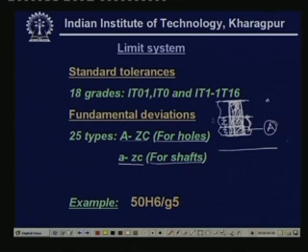This is all schematic, and IT01, IT0 and IT1 to IT16 have standard values in microns, and for this you can refer to any standard manufacturing catalog or design catalog. In both cases you will get the standard tolerance values required for manufacturing.